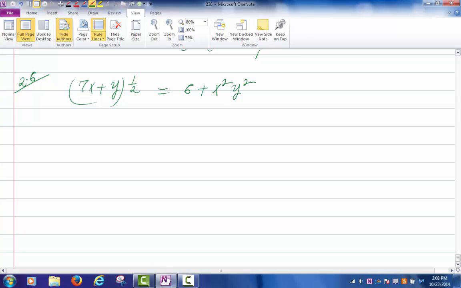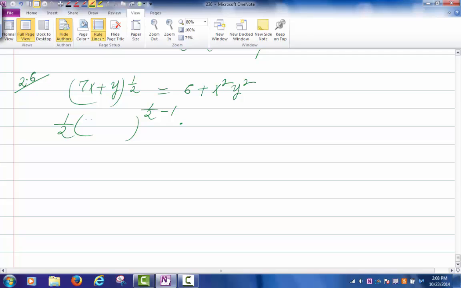So if you have just x to the half, what would be the derivative of the left hand side with respect to x? Well, you would be getting half times x to the half minus 1 if you just had x, right?